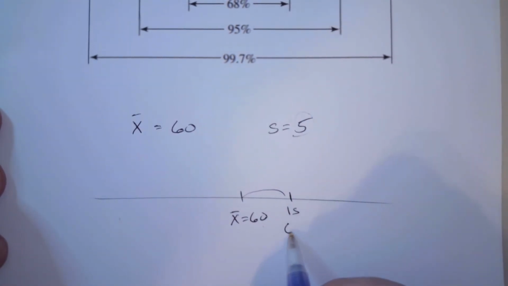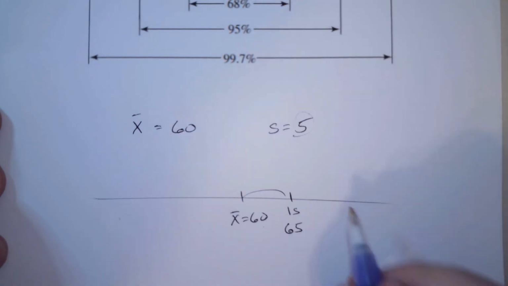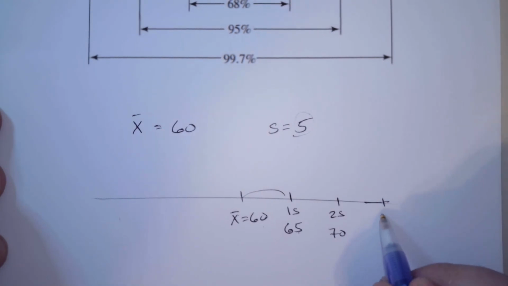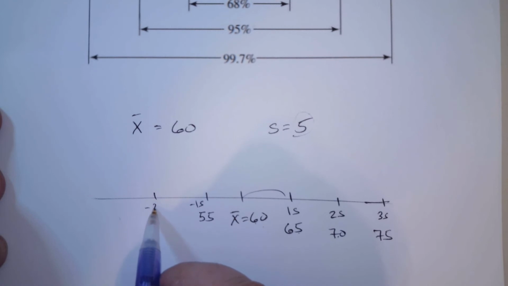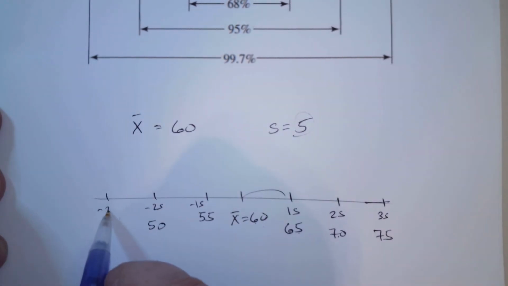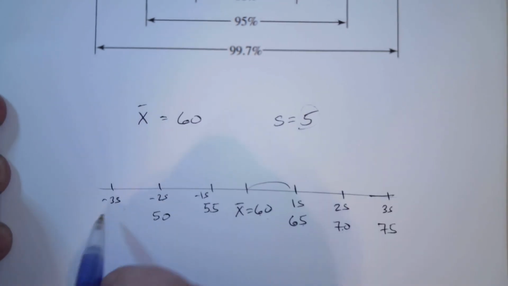So 60 plus 5 is 65. Add 5 to that. You get 70. Add 5 more to that, you get 75. Now going backwards, subtract 5. Subtract 5 again from there. And then 3 standard deviations, subtract 5.